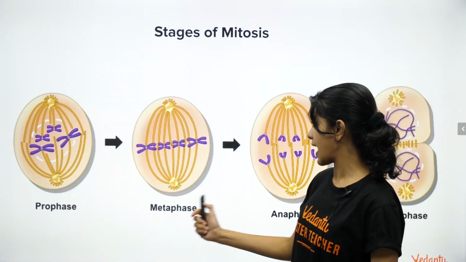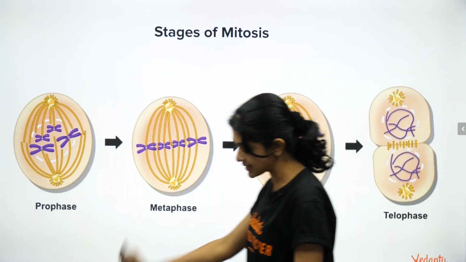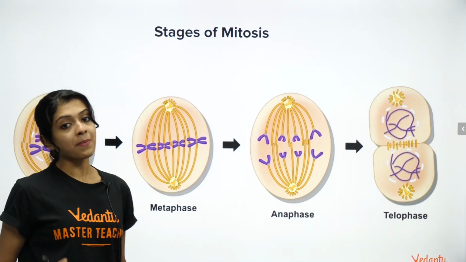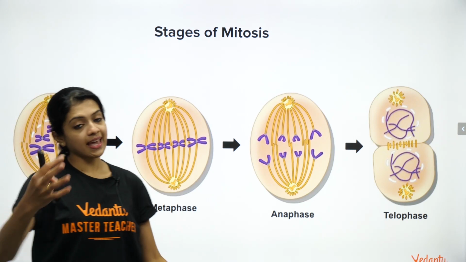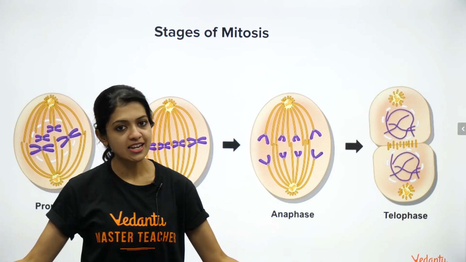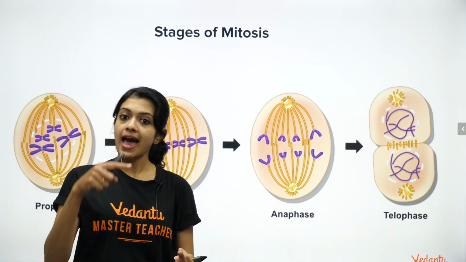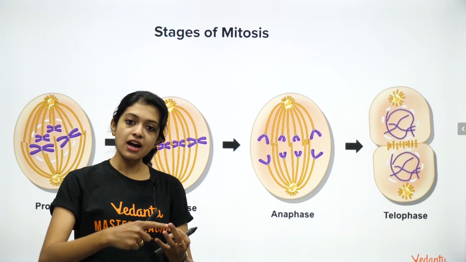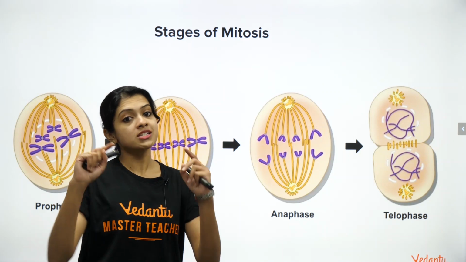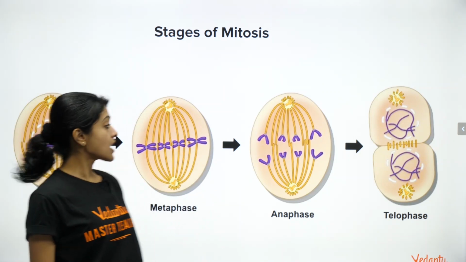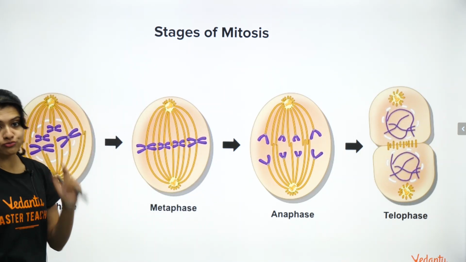Just for a quick recap, let us also look at the four major stages of mitosis, right? On the first day, in our first session, we saw how interphase happens in G1, S and G2 phases. Right after a cell has completed its G2 phase, what does it do? It jumps right into prophase.